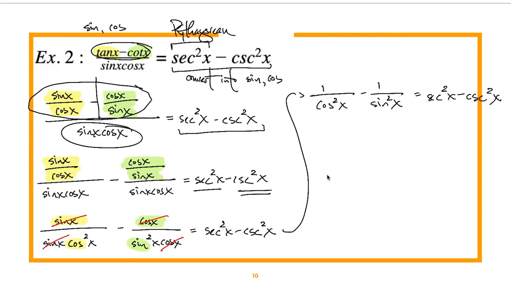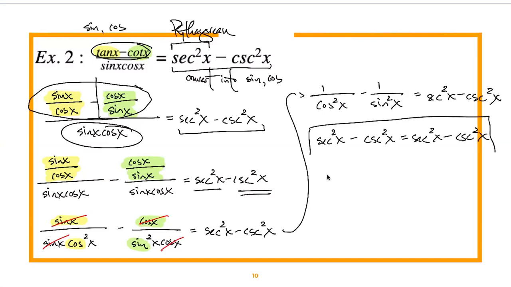And if we use our reciprocal identities, the reciprocal of cosine is secant. The reciprocal of sine is cosecant. And we have verified this identity because both sides are equivalent to the same thing. Okay?